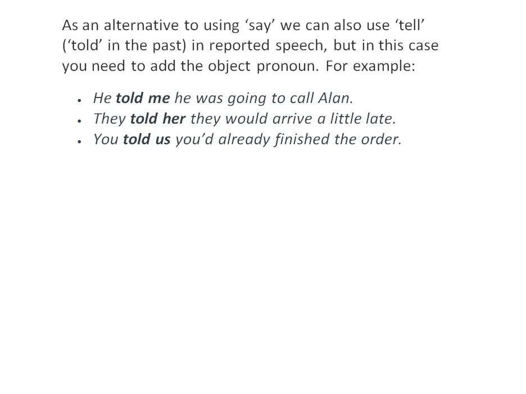He told me he was going to call Alan. They told her that they would arrive a little late. They told us you'd already finished the order. So what's happening here is, in direct speech we were just simply saying she told, he told, and that type of thing. Here, the object pronoun is also used again: he told me, they told her, you told us, like that.